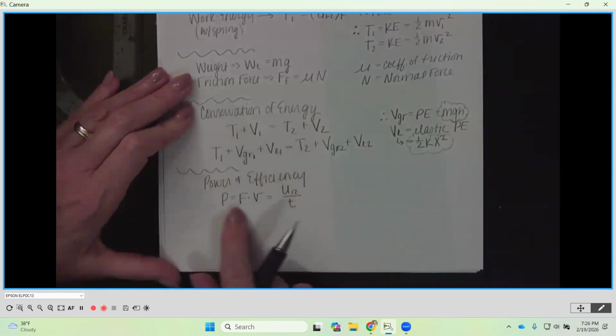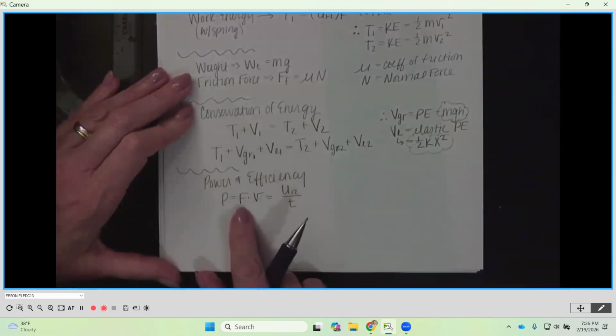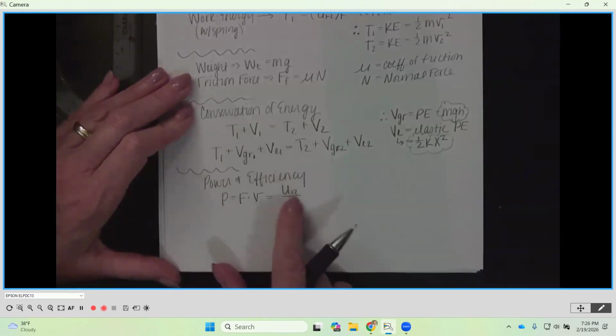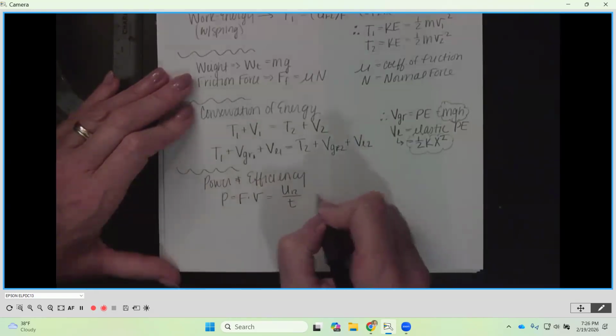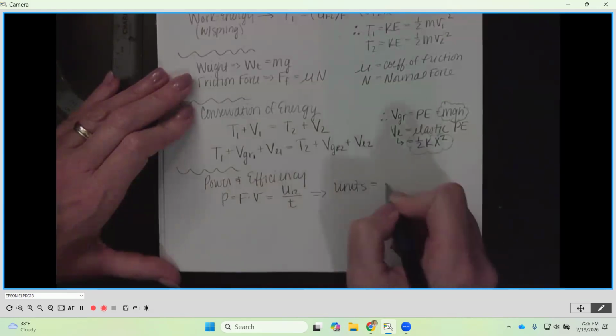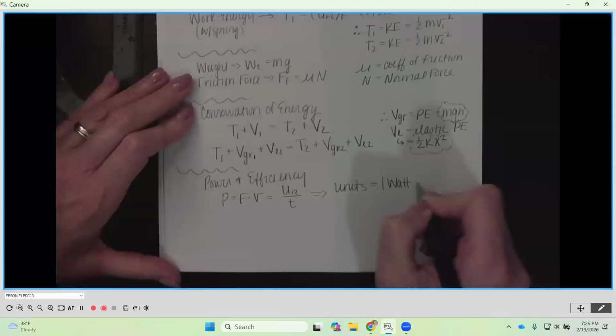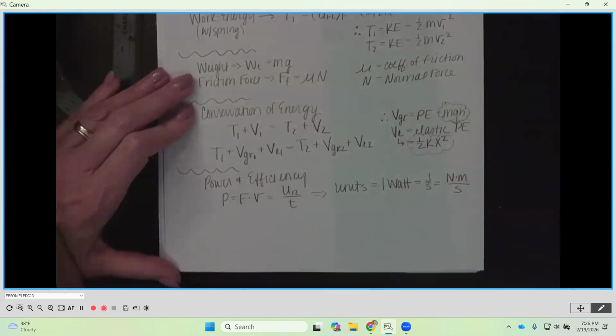Now, I think we all know what all of these variables mean, right? So P is for power, F is force, V is velocity, work, and time. I'm not going to write those over on the side here. But the units are going to be equal to the watt, which is equal to a joule per second, which is equal to a Newton meter per second.